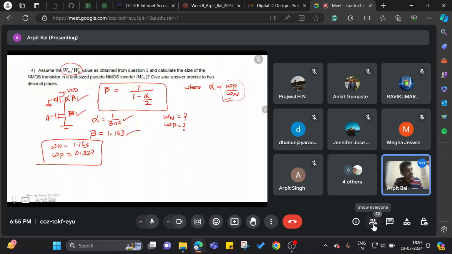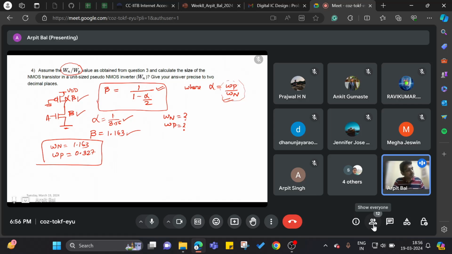Next thing that we were supposed to find out is the size of the individual NMOS and PMOS transistor in a unit sized pseudo-NMOS inverter. From the lectures we have seen this formula, that beta equals 1 by 1 minus alpha by 2, where beta is the width of NMOS and alpha beta is the width of PMOS.